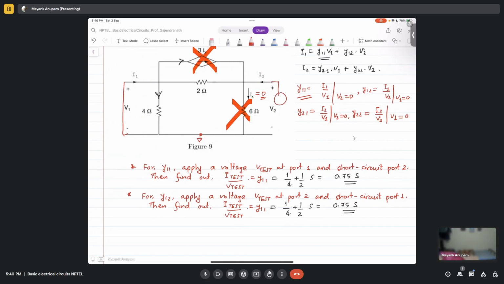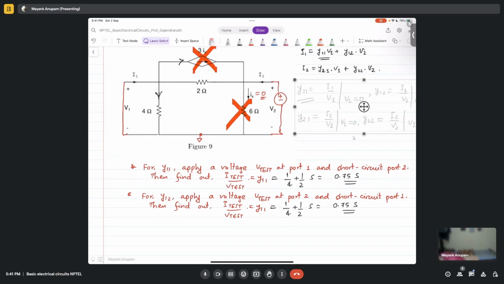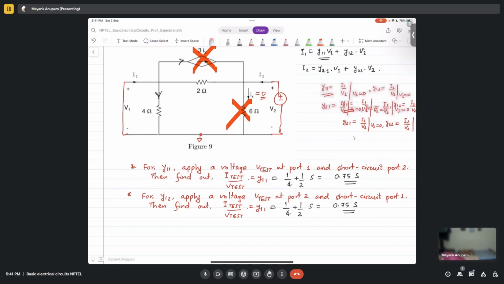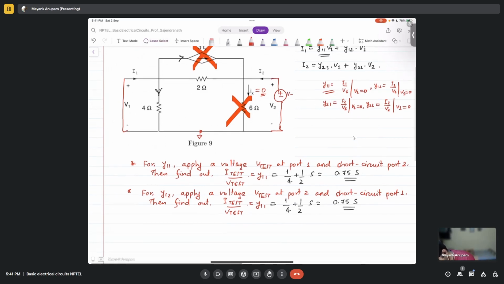And at port 2 we have to apply V test. So this is V test, and then we have to find out I test.